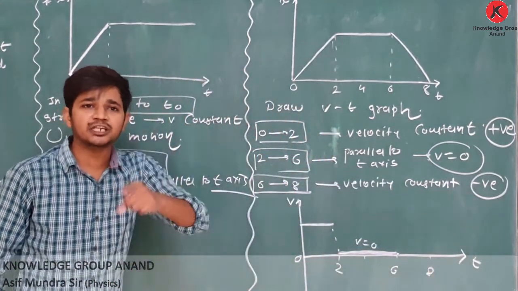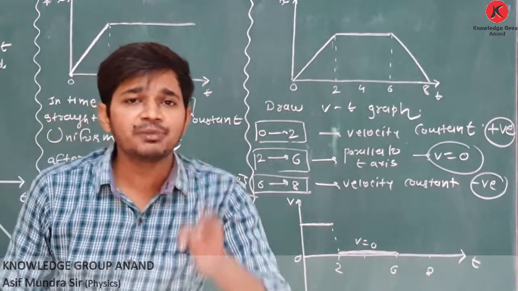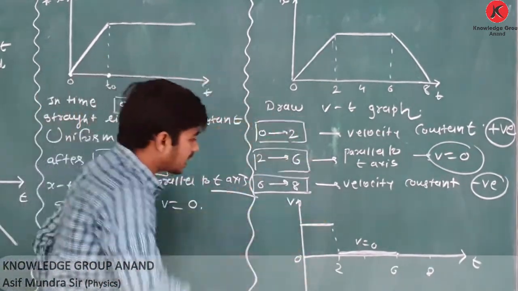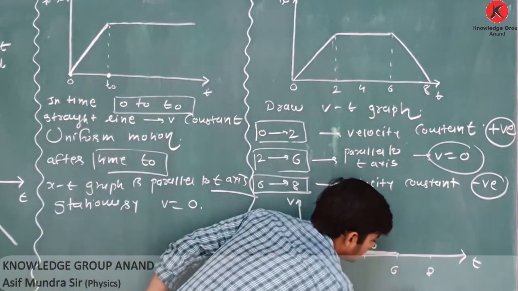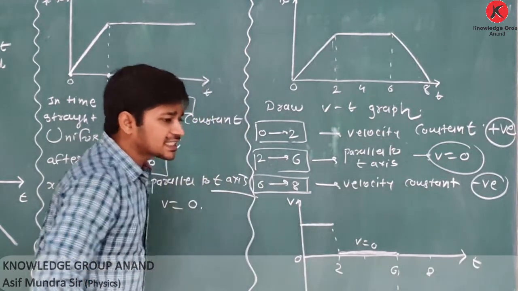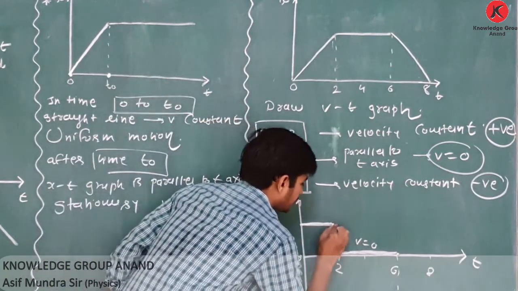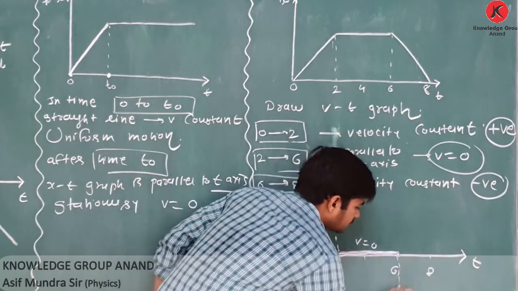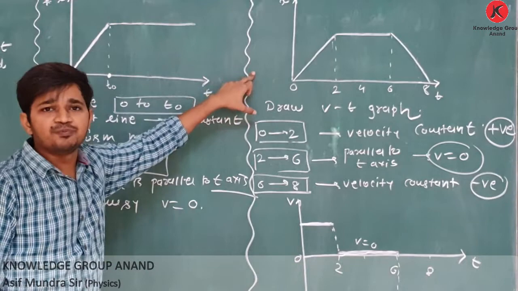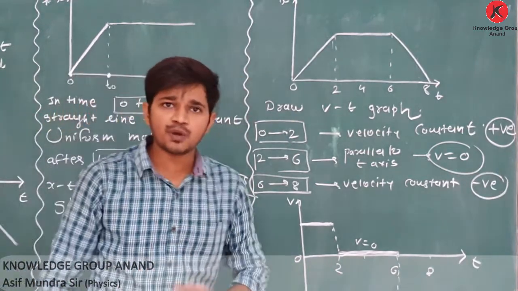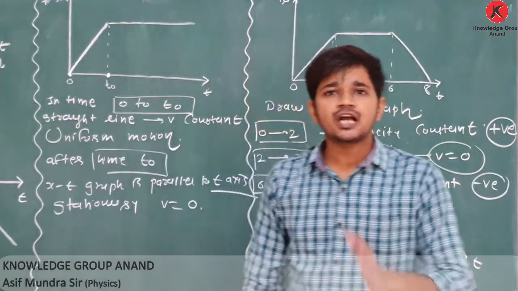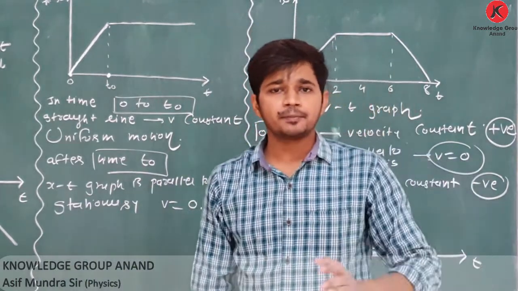Velocity constant means in the vt graph it is parallel to the time axis, but negative means in this direction. So this is the graph of velocity versus time from this xt graph. Clear? You have to remember xt and vt graphs for each and every motion.